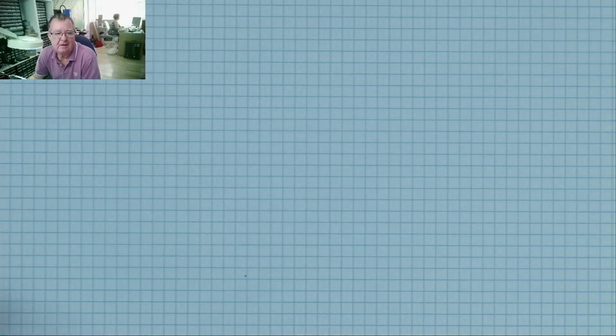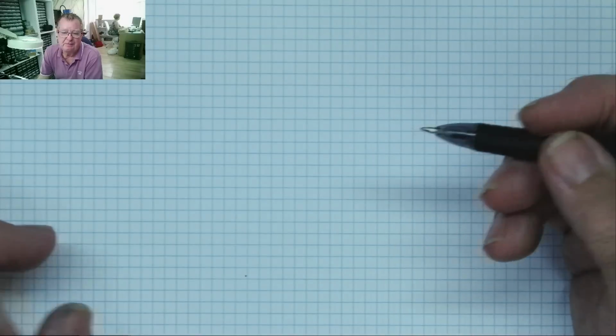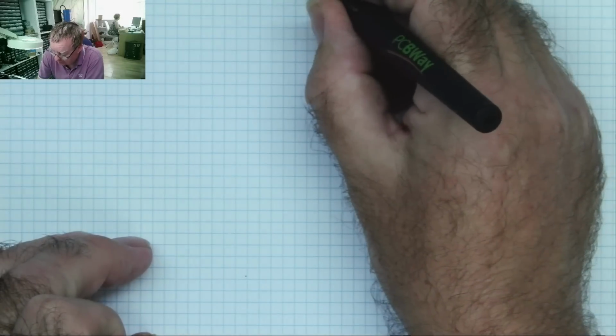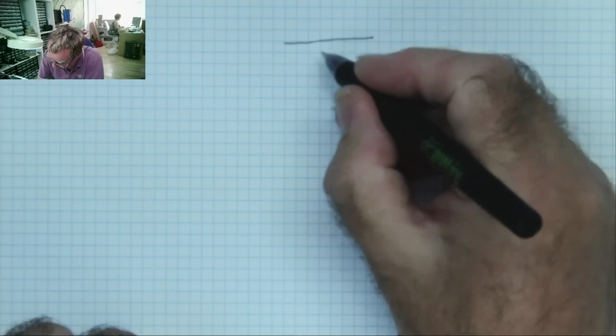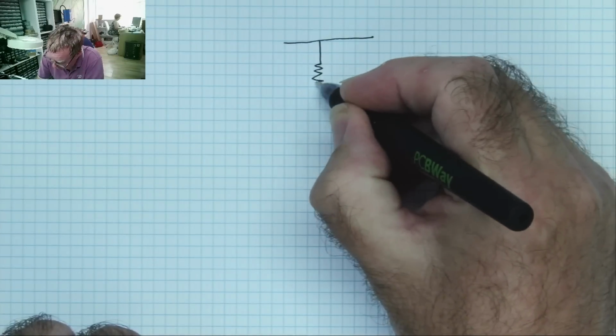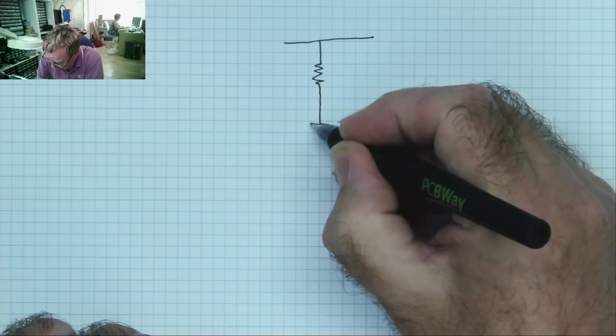To understand the TL431, first thing we need to do is understand what a Zener diode is. So a Zener diode, as I mentioned, is effectively a voltage reference. If you take a supply voltage, which is now on the paper, we connect a resistor, and we connect our Zener diode like so.